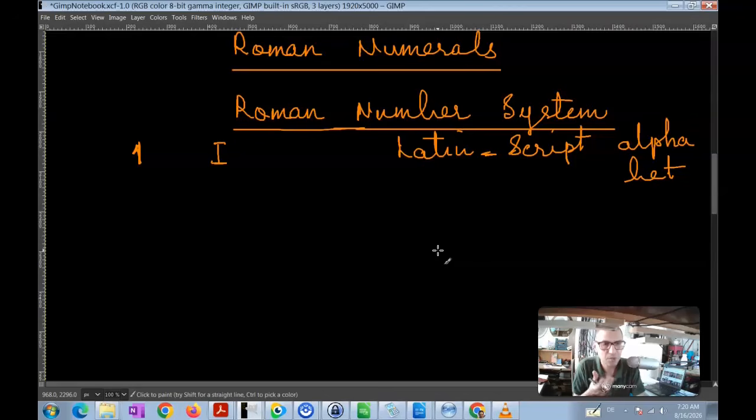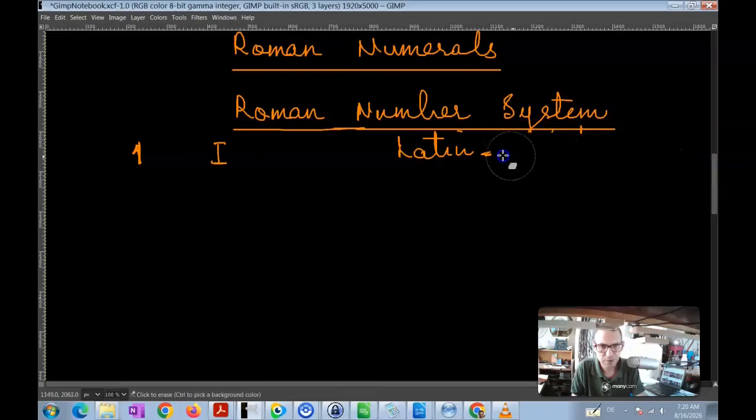It's actually a complete system, but it's not a very comfortable system because it's not positional, and you have to add and subtract things together to build all of these numbers. But it's still basically a number system.